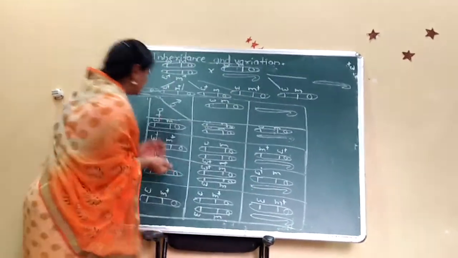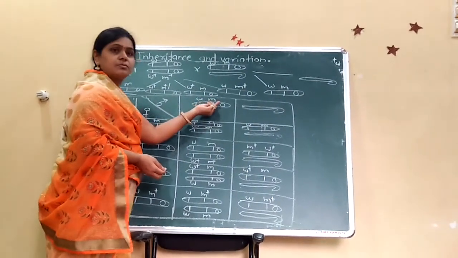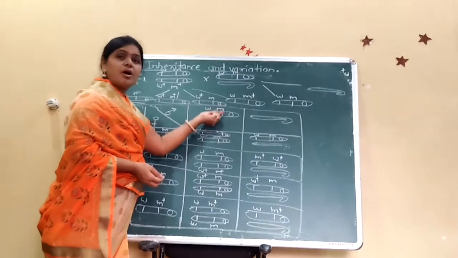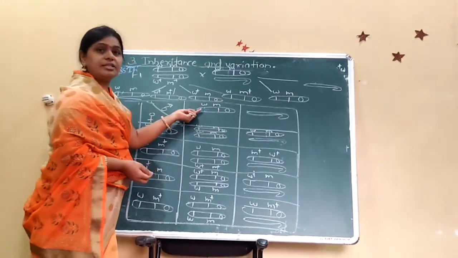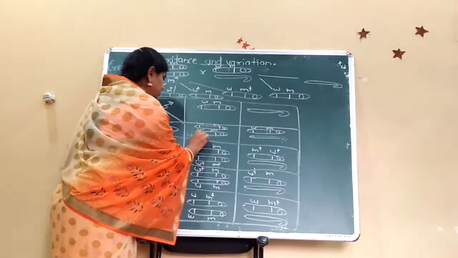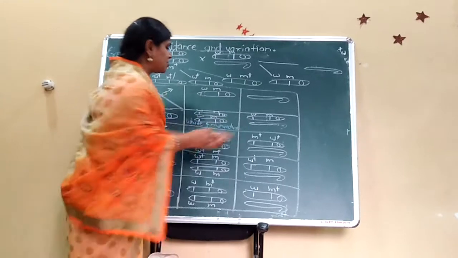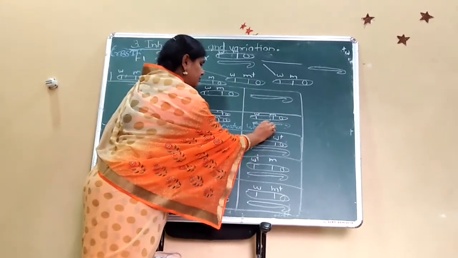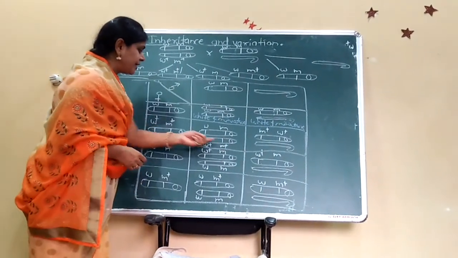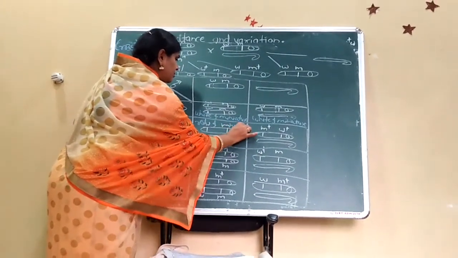Here the first fusion is W and M, normal.